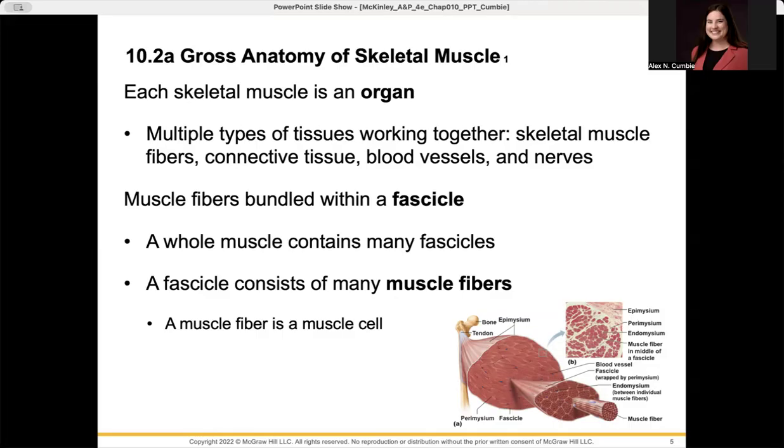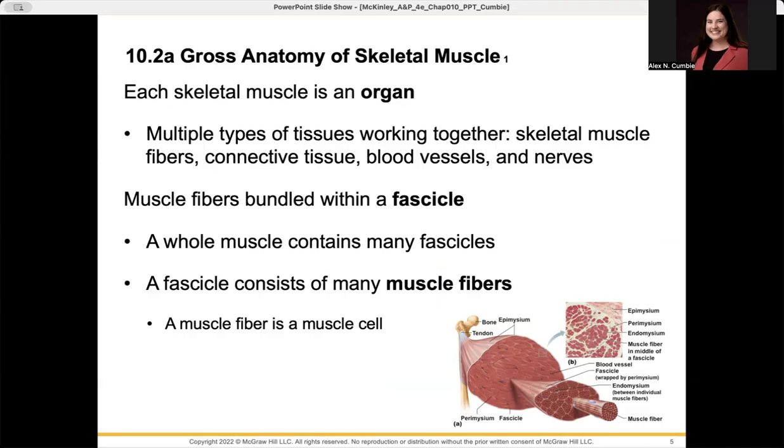There are other things associated with these muscles as part of this system, like connective tissue, blood vessels, and nerves. It's important to note, we will get into this distinction, but we're going to be talking a lot about muscle fibers. And the word fiber for the musculoskeletal system is the same as saying a muscle cell. So instead of calling them all muscle cells, we'll call them muscle fibers.